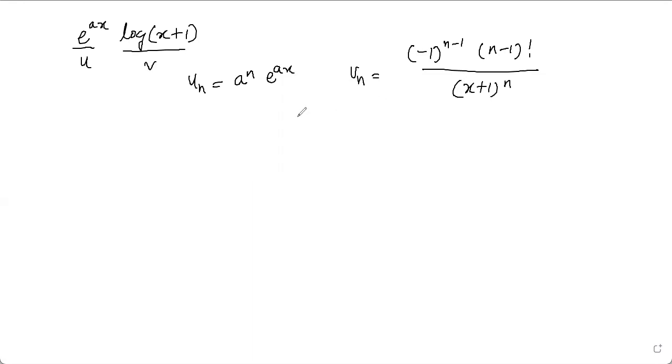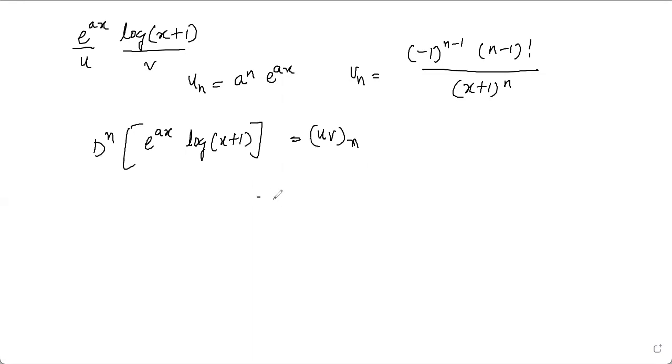So now by using Leibniz theorem, we have to find Dn of e to the power of ax log of x plus 1, which is u into v nth derivative.